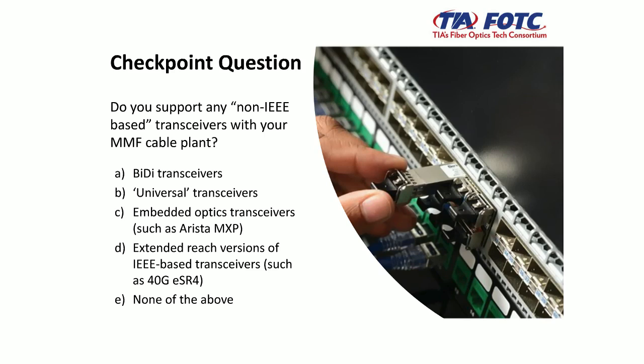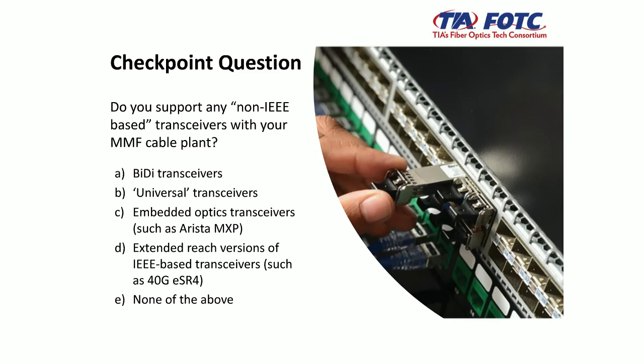So we have a checkpoint question here, Liz. I'll bring it back to you. Sure, thanks, Robert. As I mentioned earlier in my introduction, we're going to ask you 3 questions during the course of the presentation. It really helps us if you answer them. The voting apparatus is at the bottom of your screen. This question asks if you support any non-IEEE-based transceivers with your multimode fiber cable plant.